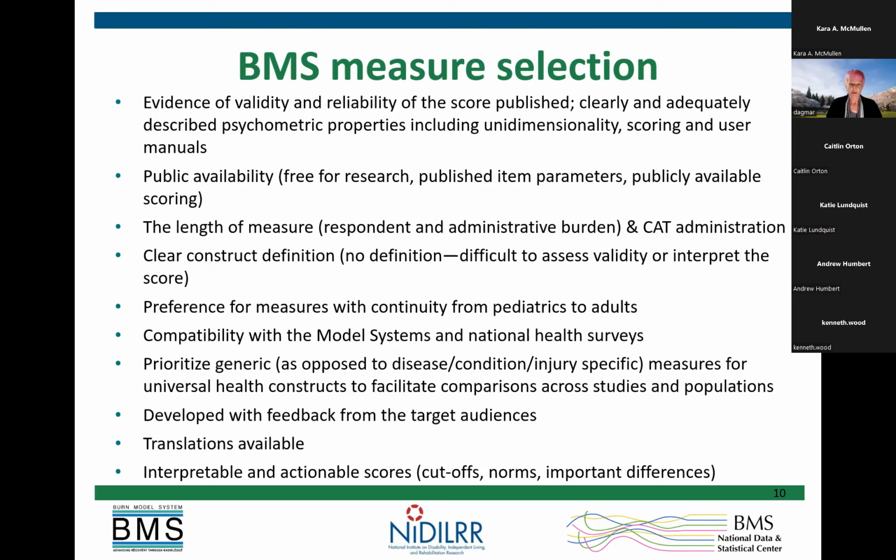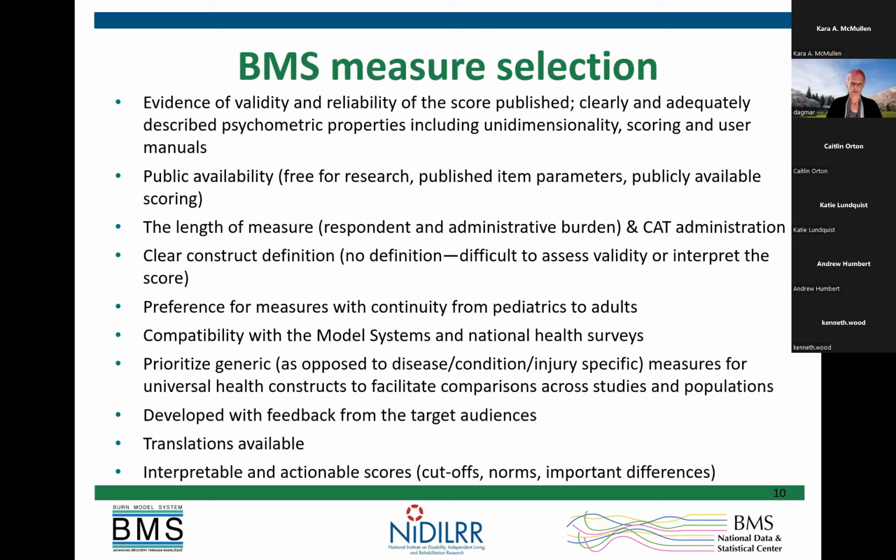And last but not least, we look for measures that provide interpretable and actionable scores, something that is meaningful, that tells us something about what we learned about the person or a group. So we look for clear cutoffs for, let's say, mild, moderate, severe disease, or cutoffs for depressive disorders or PTSD, something that has good population norms.